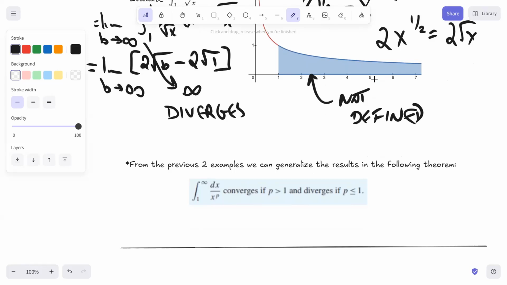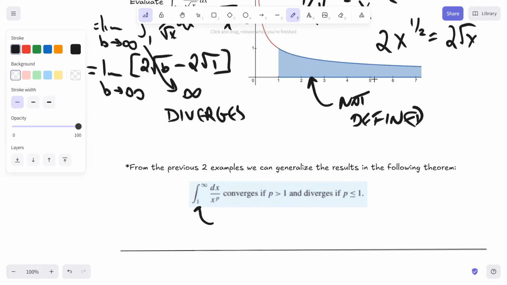If you have the improper integral from 1 to infinity of 1 over x to the p, or dx over x to the p, it's going to converge if p is greater than 1 and diverge if p is less than or equal to 1. Another thing that's important to notice is that the limits are 1 and infinity. If you went from 0 to infinity, it would not apply. The limits have to be 1 and infinity.